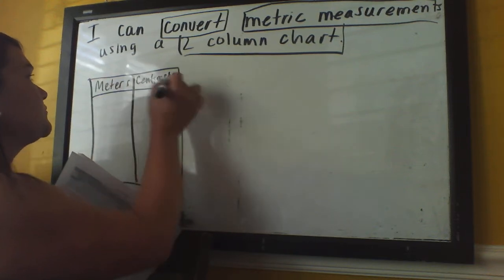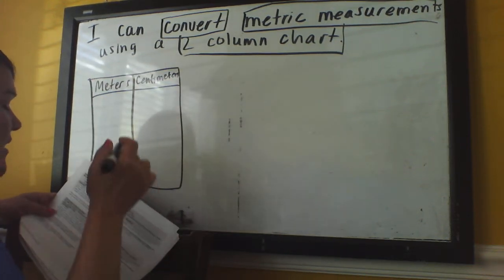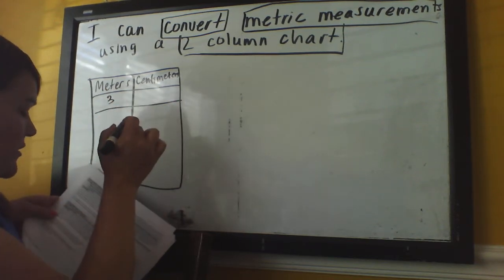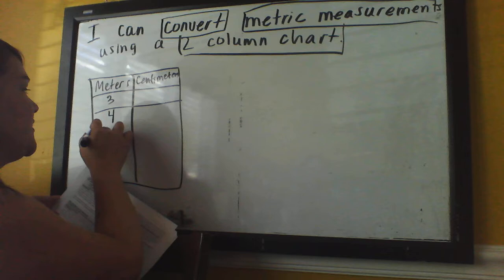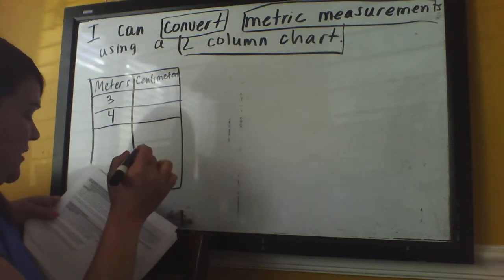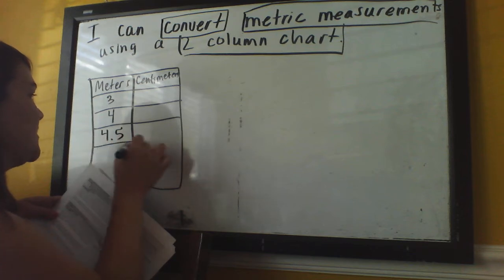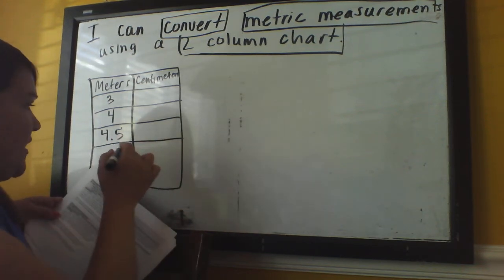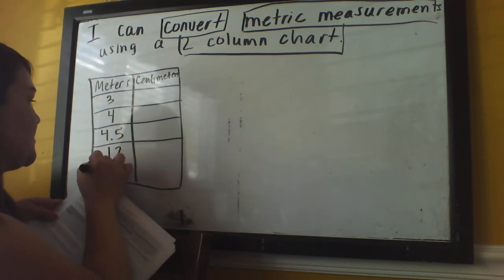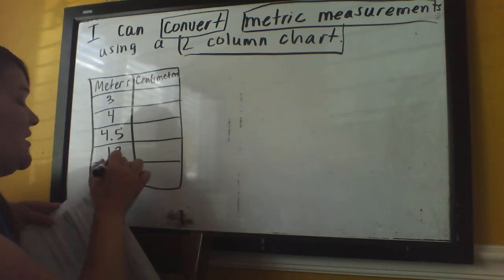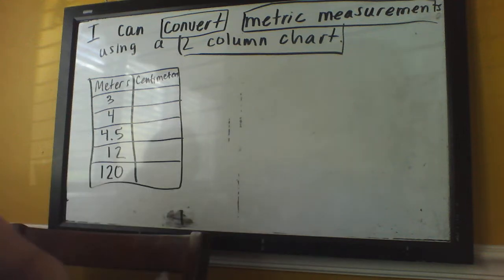In our chart, we're going to convert 3 meters into centimeters, 4 meters into centimeters, 4 5/10 meters into centimeters, 12 meters into centimeters, and then 120 meters into centimeters.